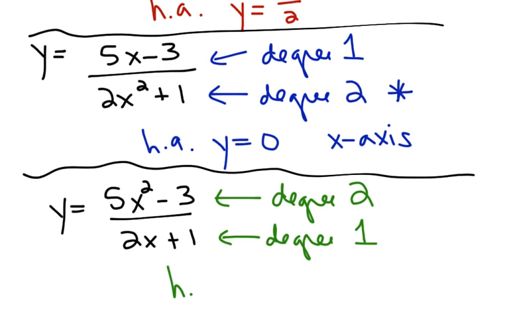When that happens, there is no horizontal asymptote. That means there is no horizontal line that the graph gets closer to but never touches or crosses. You don't have to actually do any algebra, and you don't have to do any factoring to determine this. Let's do an example.